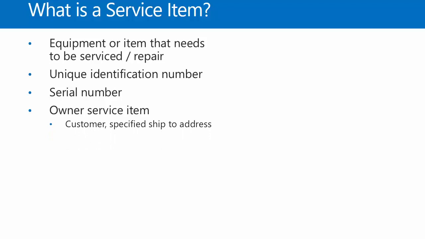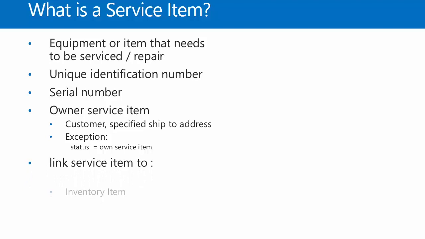You can also specify that your company is the owner of a specific service item and not a customer, by changing the status of the service item to own service item. So as you know now, a service item is not the same as an inventory item, but they might be linked.